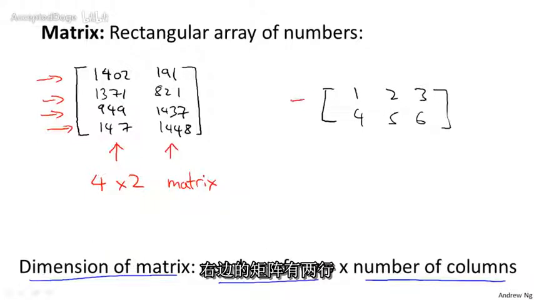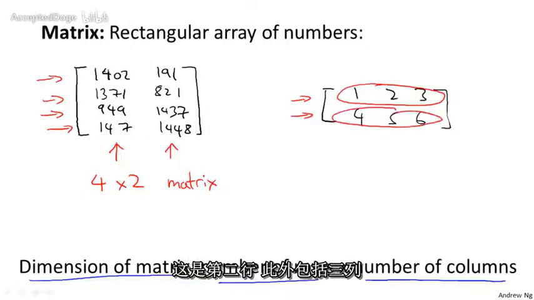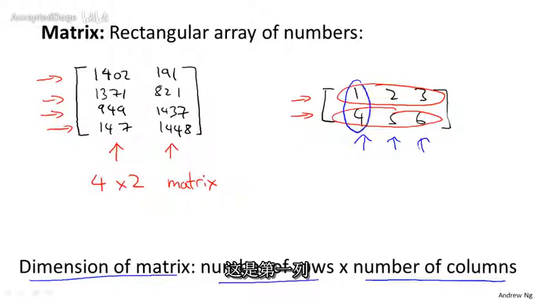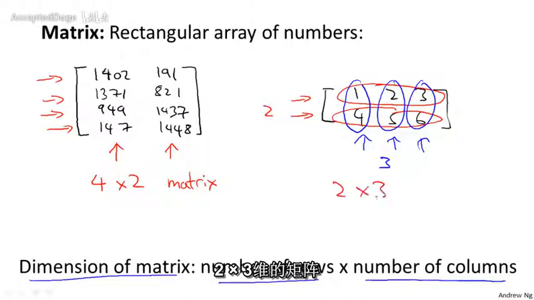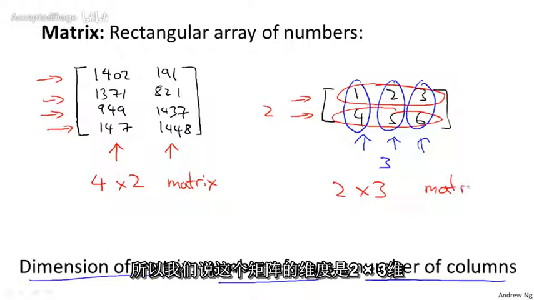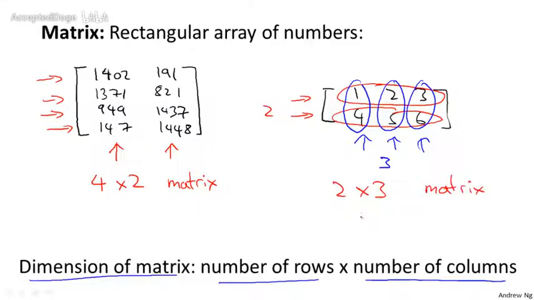This one on the right has 2 rows, that's the first row, that's the second row, and it has 3 columns. That's the first column, the second column, the third column. So we say this second matrix is a 2 by 3 matrix, or that the dimension of this matrix is 2 by 3.